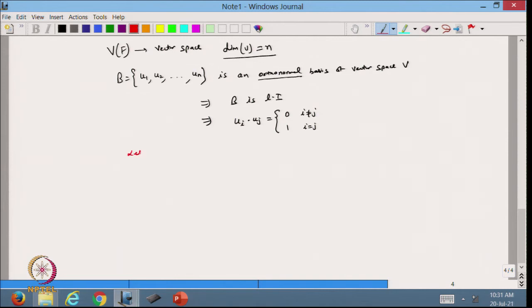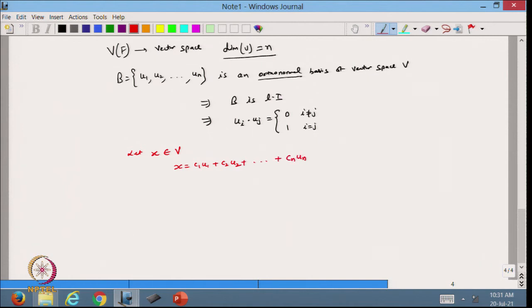So, let us take any vector x belonging to the vector space V. Then x can be written as a linear combination c1 u1, c2 u2, up to cn un.